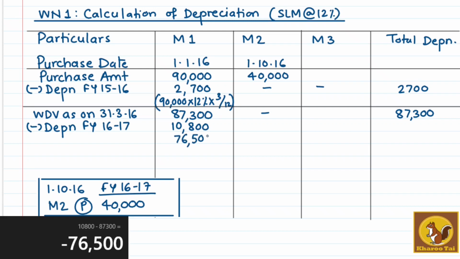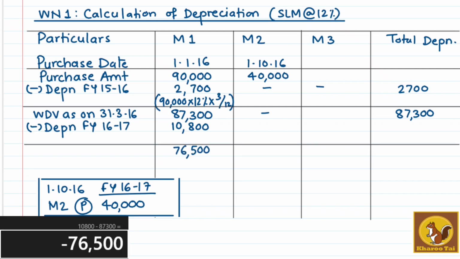The WDV will be 76,500. Okay. And for machinery 2, we will calculate on 40,000 into 12%. The amount is 4,800. But the machinery was purchased in between the year.